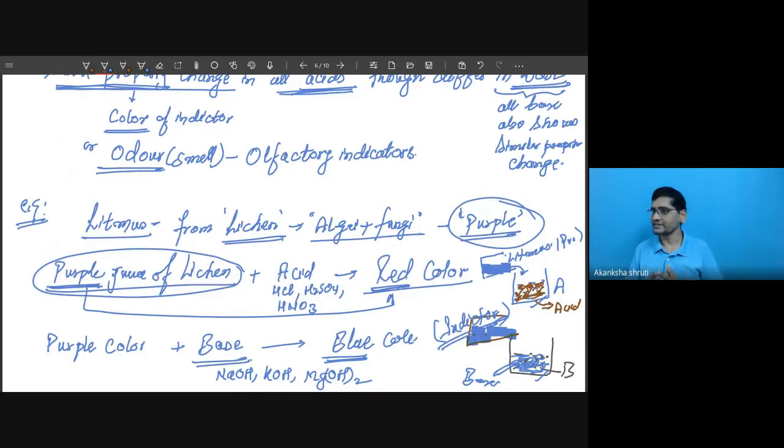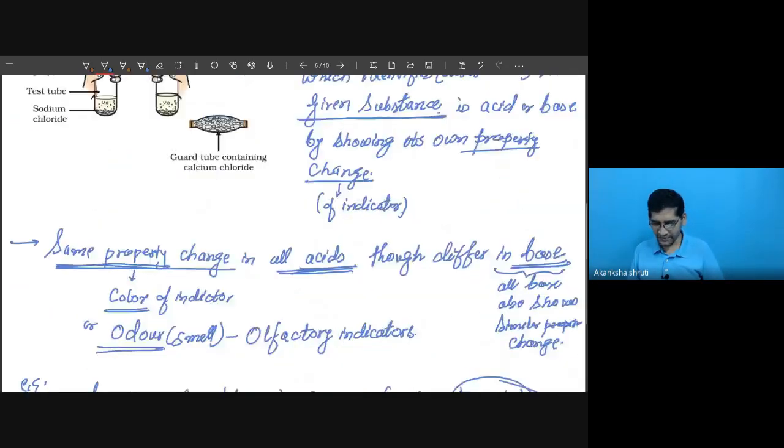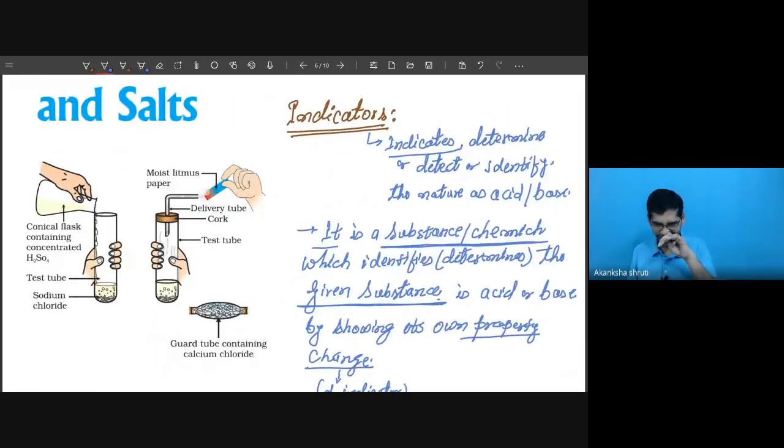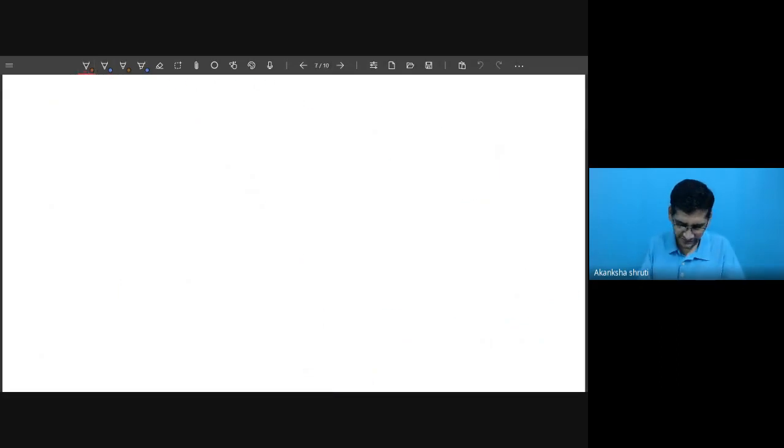With all acids, litmus gives red color, but the same litmus, when mixed with a base, gives blue color. So the property change in a base is different, and this way the category acid and base is identified. Such a chemical useful for this purpose is called an indicator. Now students, what are the different types of indicators?